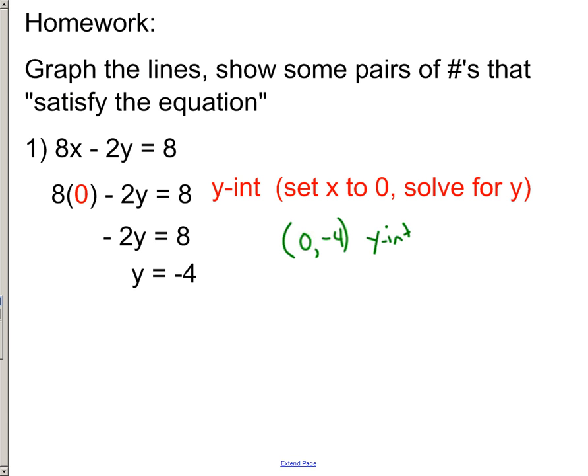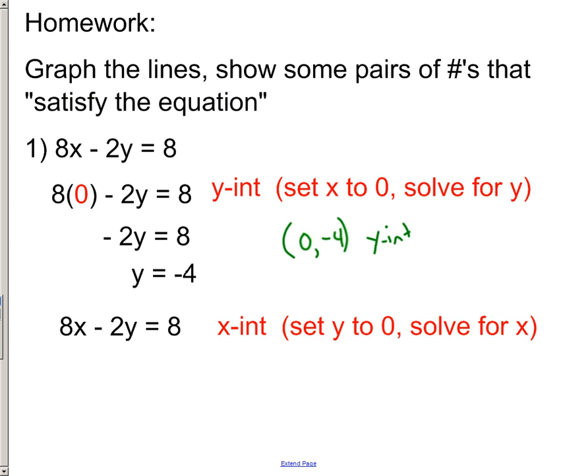Now, how do we solve for the x-intercept? Do the exact opposite. Set the y value to 0 and solve for x. So let's set the y value to 0. There we go. And 2 times 0 is 0, so really it's like 8x minus nothing. I mean, 8x minus 0 is still 8x.